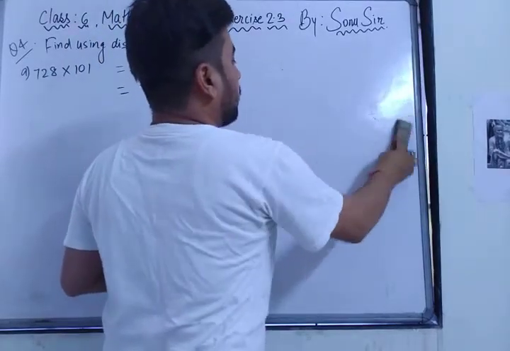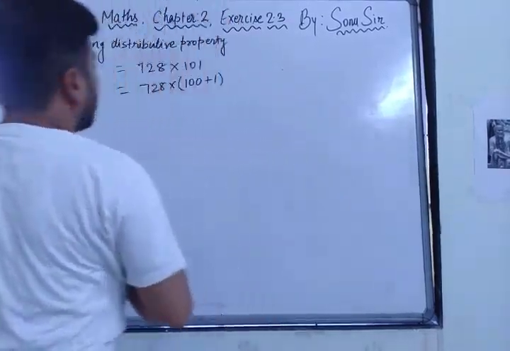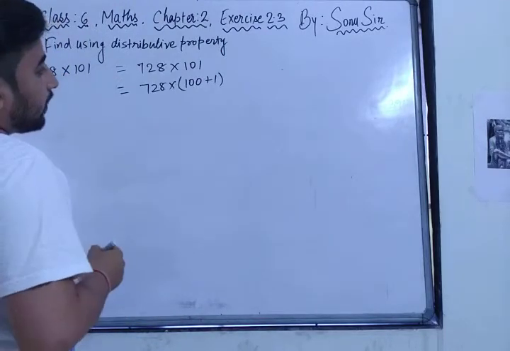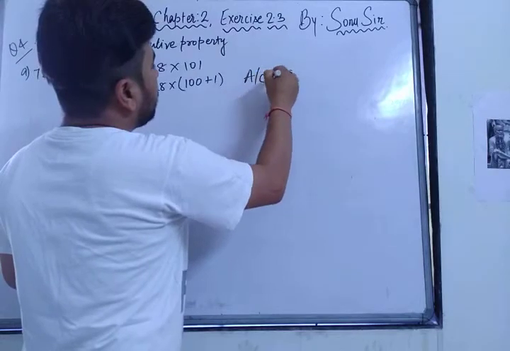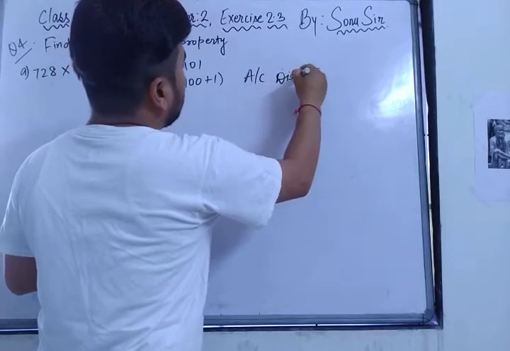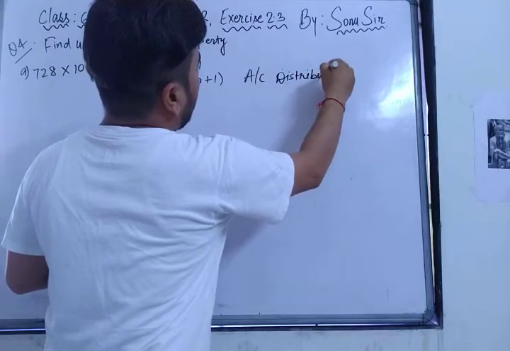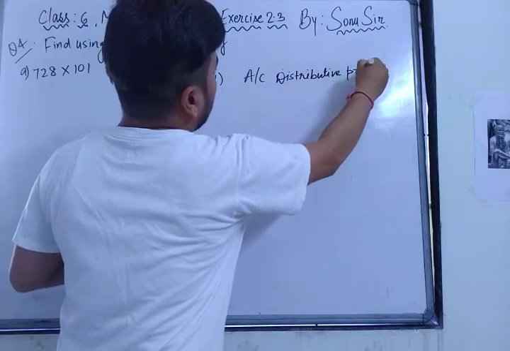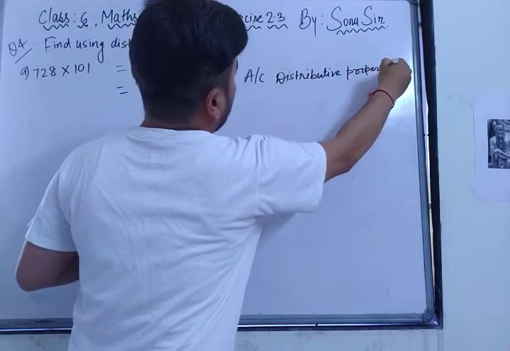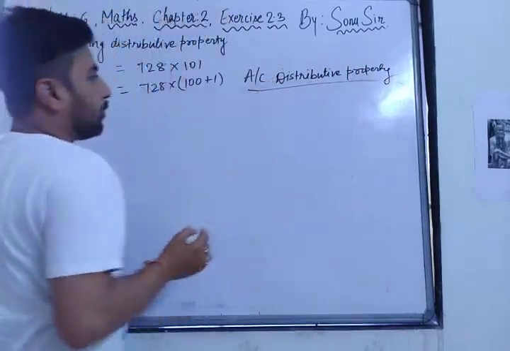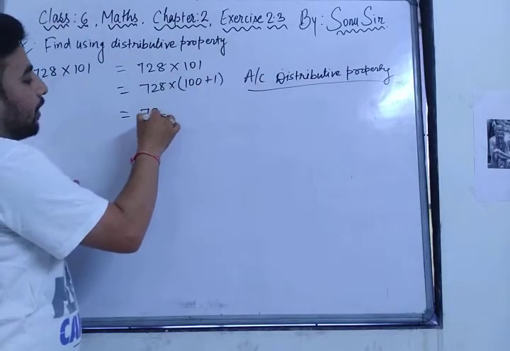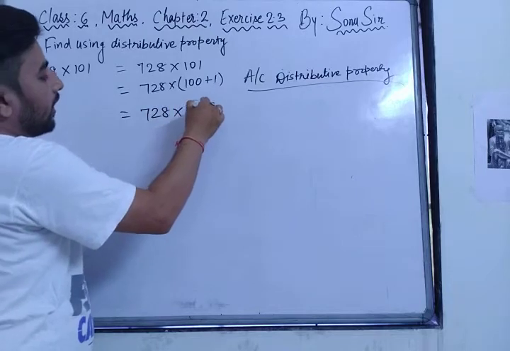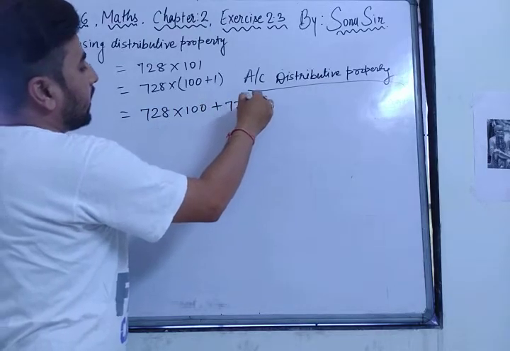Now here you can see, AC means according to distributive property. If we multiply, 728 into 100 plus 728 into 1.